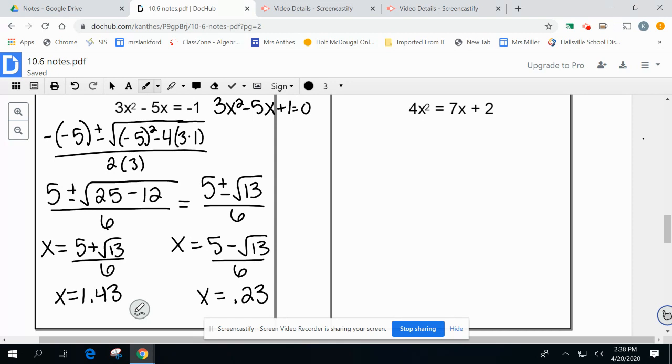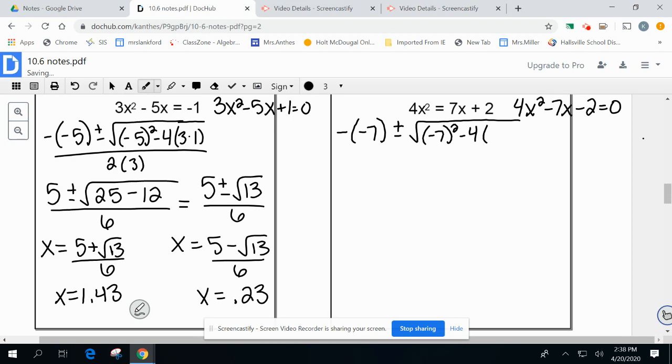Okay, on the next problem, I would choose to move over 7x and +2, because you don't really ever want to start out with x being negative. So I would have 4x squared minus 7x minus 2 equals 0. So if I plug this into my formula, -7 plus or minus the square root of b squared minus 4 times a times c.